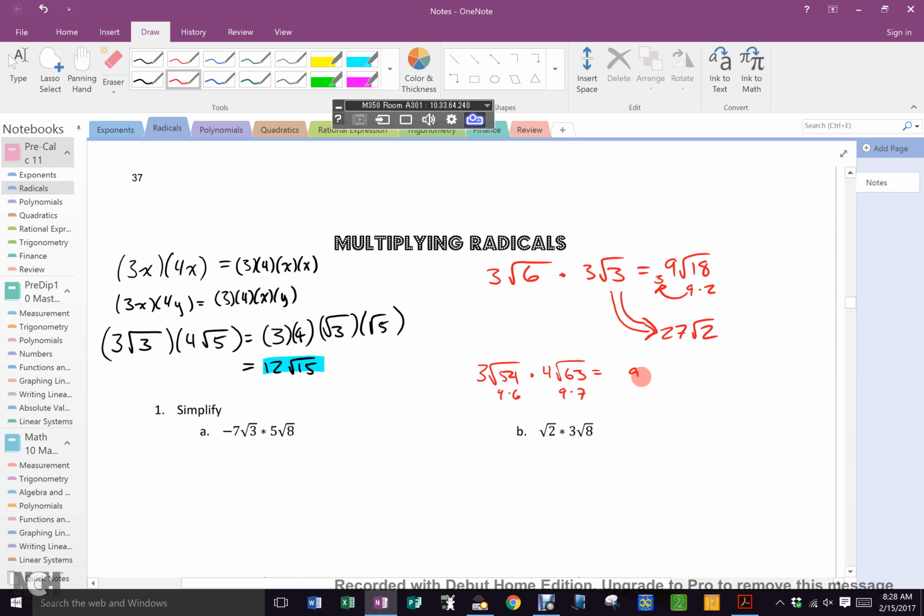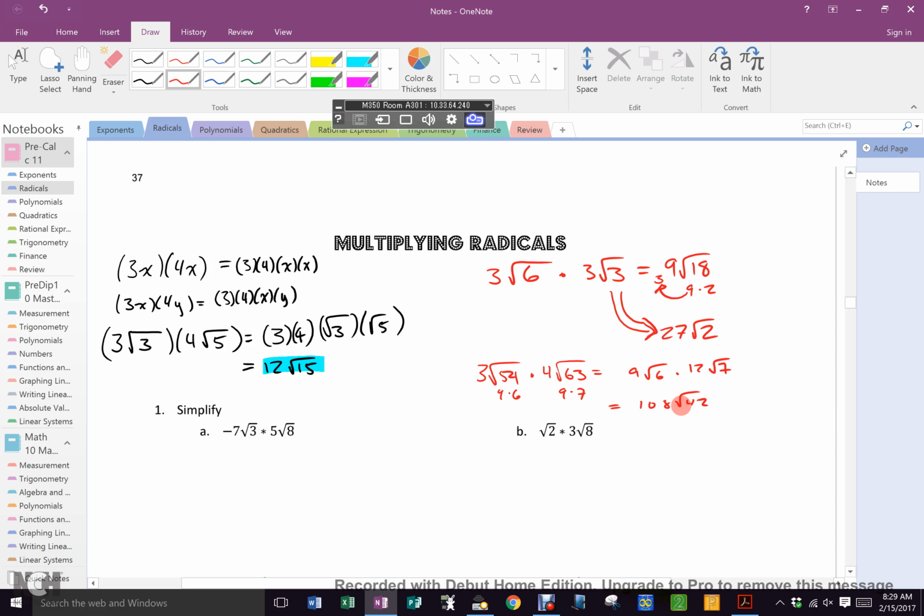So you would get 9 root 6 times 12 root 7, which would be 108 root 42. And that's where you'd stop, because of course you cannot simplify 42, because it's 2 times 3 times 7. But that is a lot easier to deal with than the square root of 3,402. Does everybody understand?